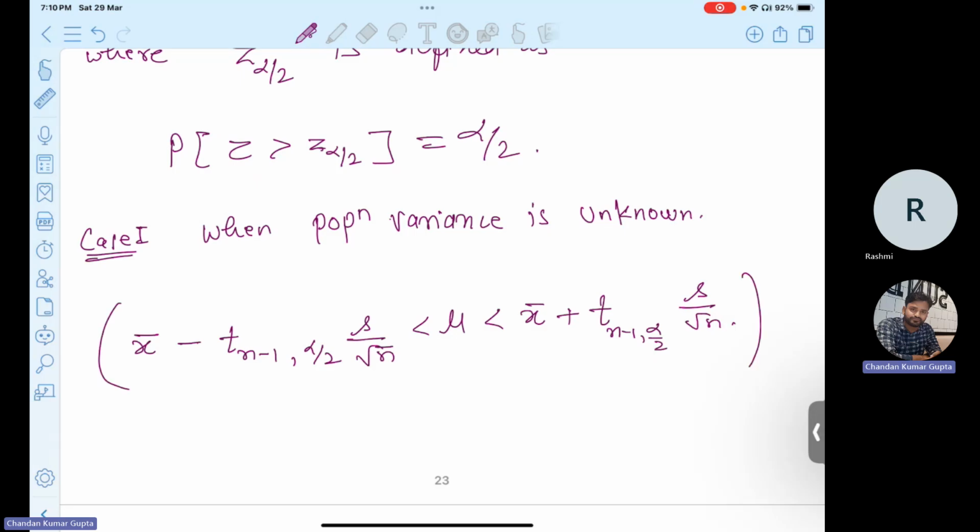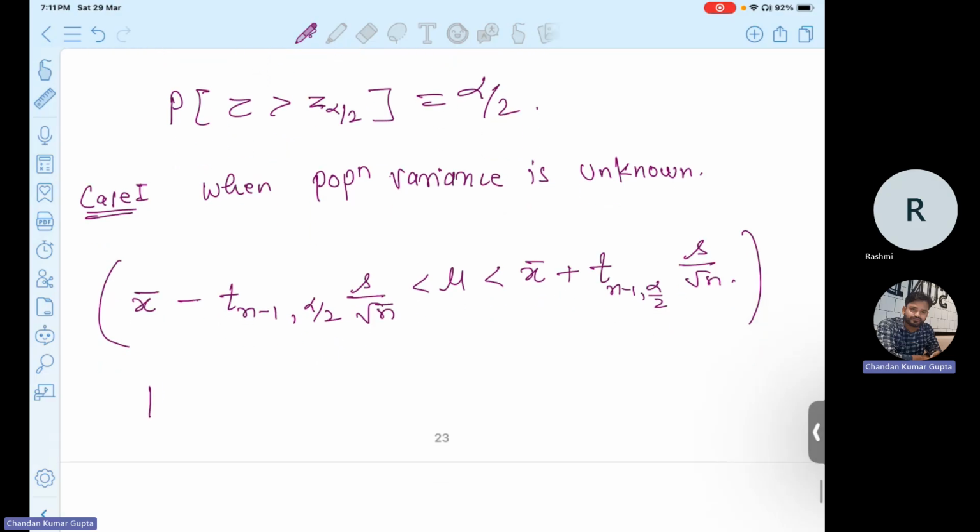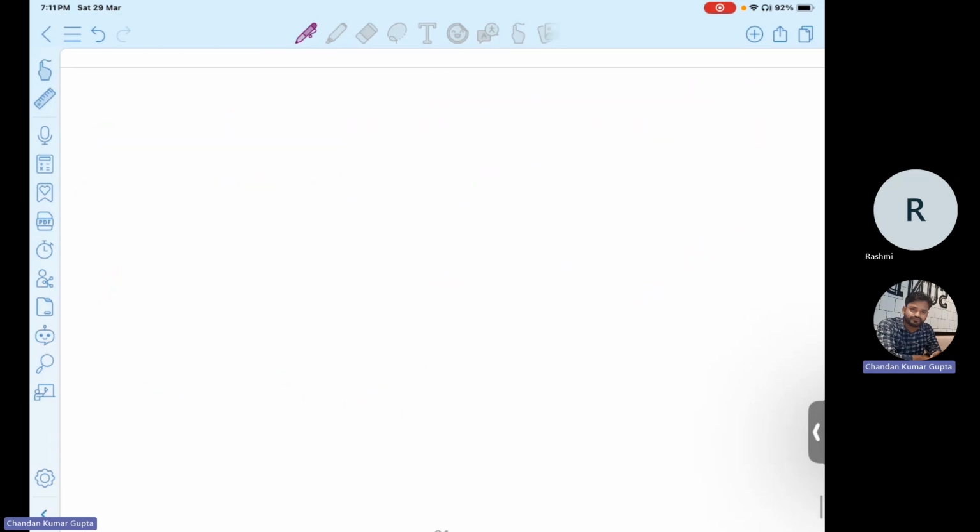So this is the confidence interval when the variance is unknown. Here again, the probability that t is greater than t n minus 1 alpha by 2 is alpha by 2.